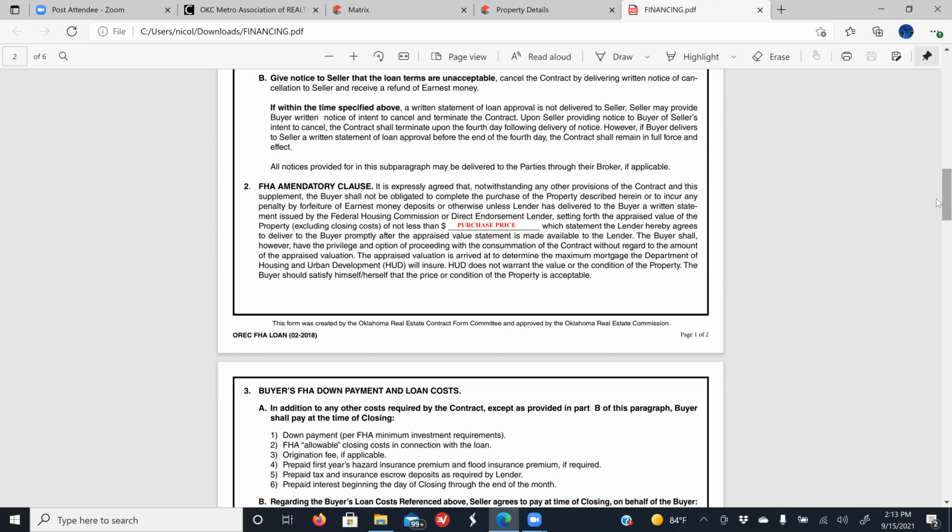In the FHA financing supplement, it in fact says the same thing, but you must write in the purchase price of the contract in that blank there in section 2. So this is the exact purchase price from the contract.